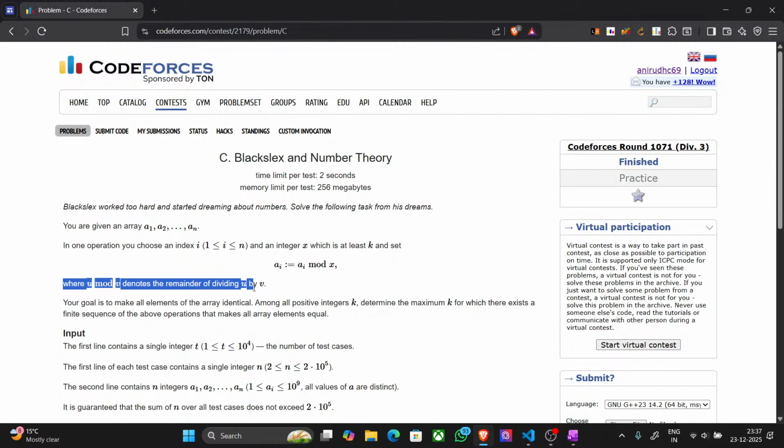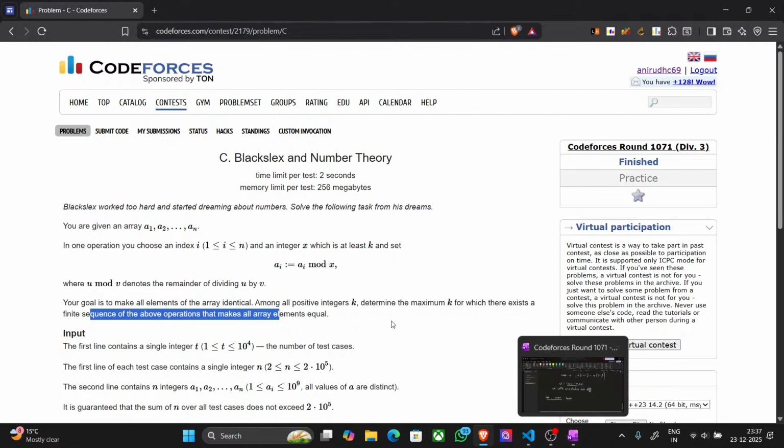Your goal is to make all the elements in the array identical. Among all positive integers k, determine the maximum k for which there exists a finite sequence of operations that makes the array elements equal.